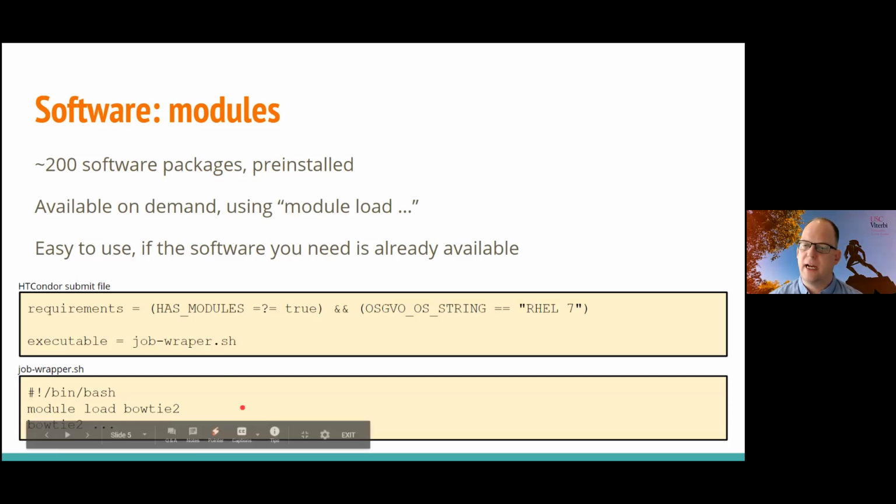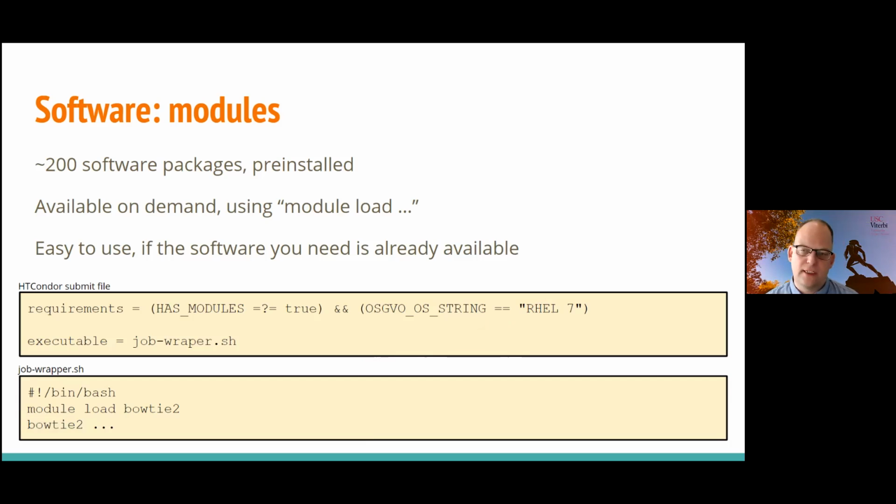So in this case here, we have a job that has to run on a modules machine. In this job wrapper here, it module loads the tool and then runs it. Where this is less useful is if you have software that is unique to your workload, because we probably will not install it in modules for just one user.